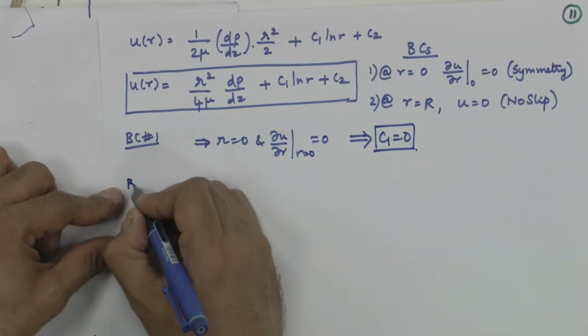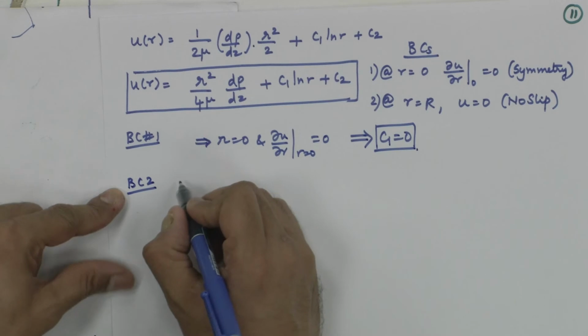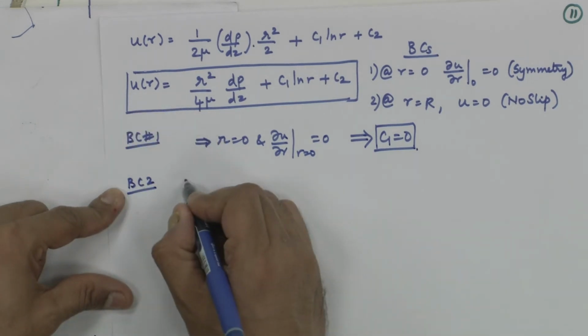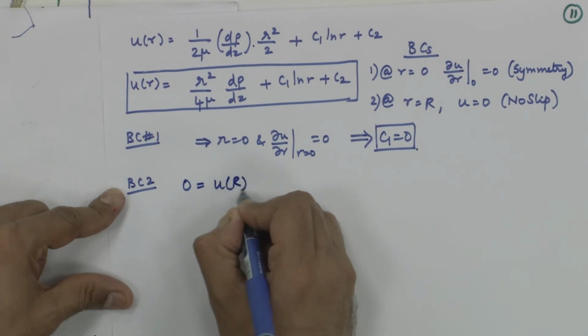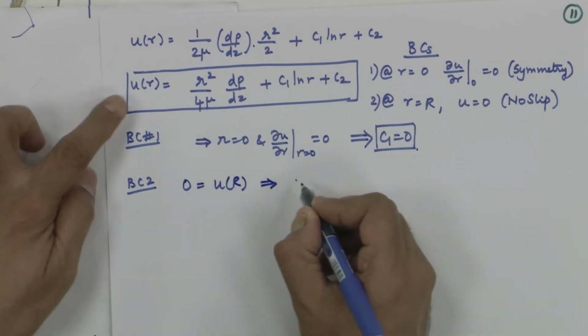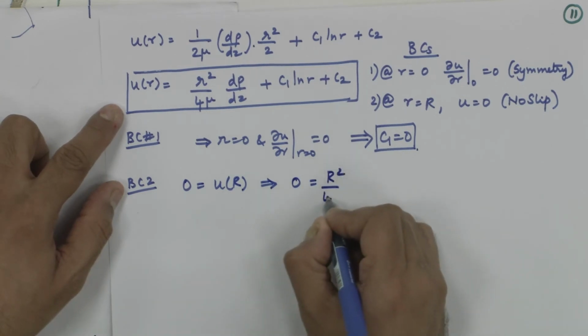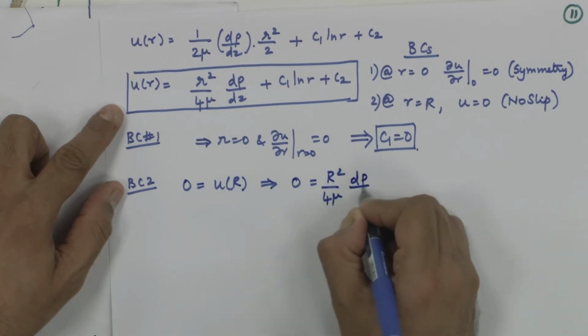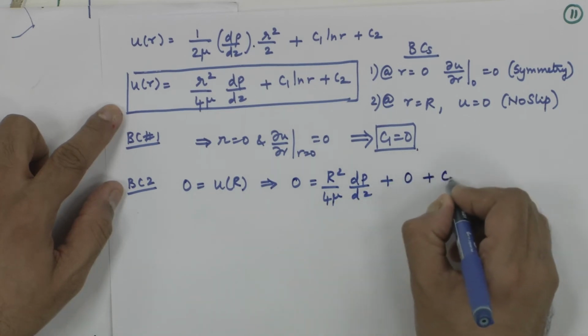The second boundary condition is at r equal to capital R, u of r is 0. I get 0 equal to u of capital R, which means substituting here, 0 equal to r squared by 4 mu dp by dz plus C 1 log r, which is 0, plus C 2.